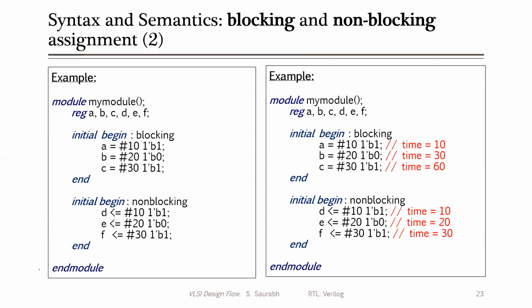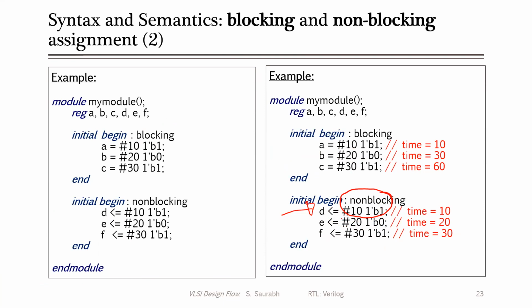When D is evaluated, only the RHS part is evaluated: at 10 time units, the value of D will be 1'b1, that is 1.